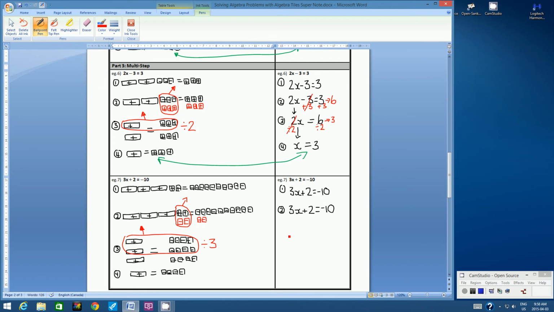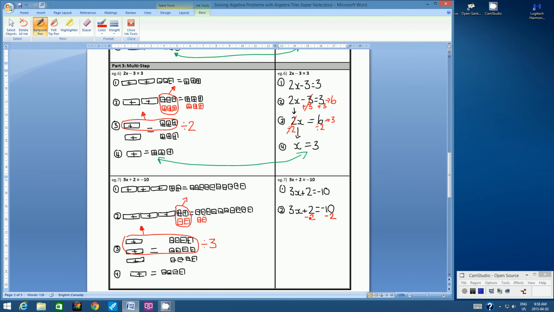Now the variable x is on the left-hand side of the equal sign. So we want x to remain alone. We have a number of things in the way of x being alone. We have times 3 and we have plus 2. So let's get rid of the plus 2. We're going to use reverse BEDMAS here. So to get rid of a plus 2, we subtract 2 on both sides.